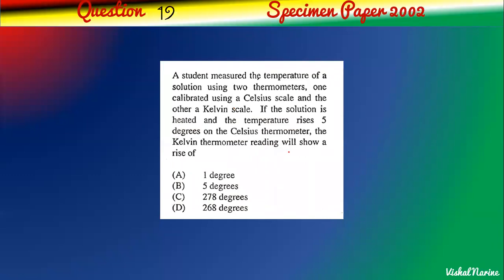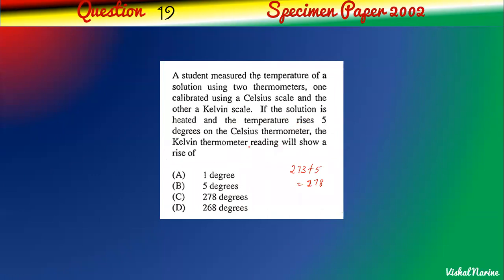A few persons are tempted, and I'm seeing from the responses that you're thinking that it will have been 273 plus 5, which is 278. However, a difference or a rise in temperature on the Celsius scale is equal to the same increase or rise on the Kelvin scale.